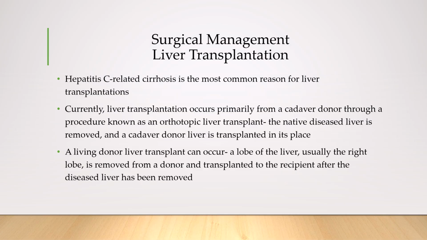The native diseased liver is then removed, and a cadaver donor liver is transplanted into its place. A living donor liver transplant can occur. A lobe of the liver, usually the right lobe, is removed from a donor and then transplanted to the recipient after the deceased liver has been removed.